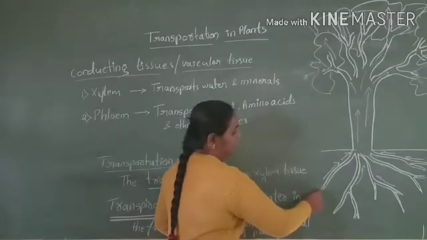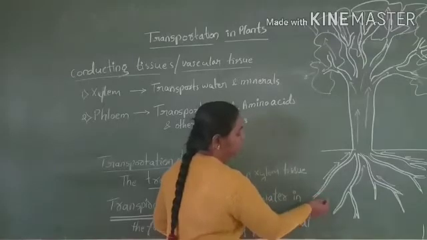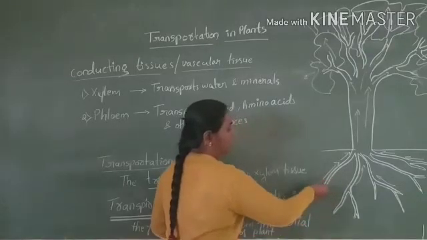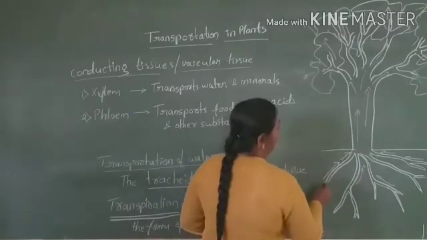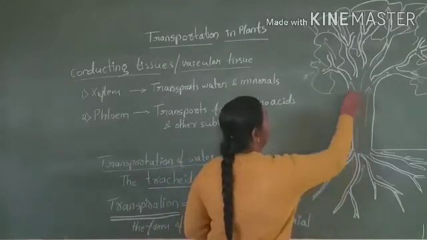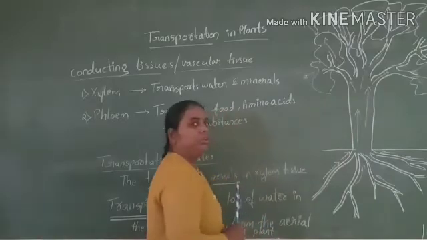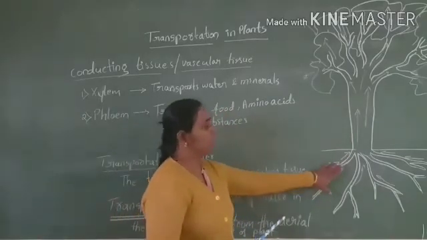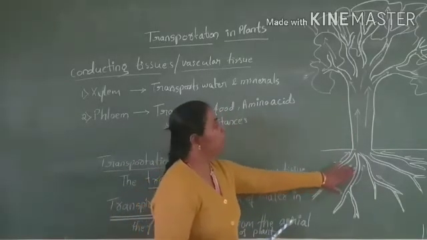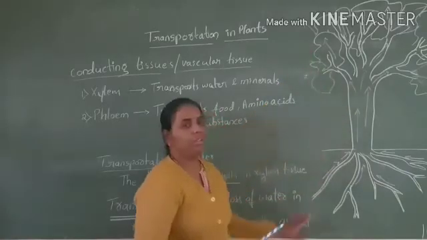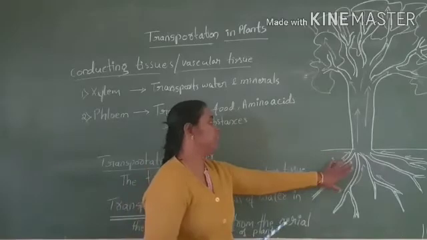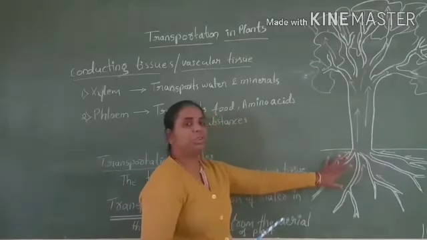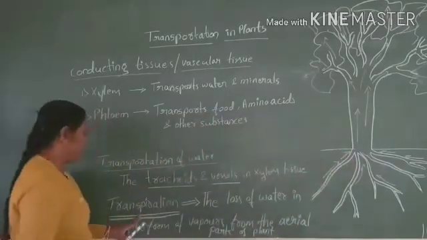Therefore, this difference creates diffusion of water and minerals into the xylem tissue, and this causes a column of water in the plant body. This pressure alone is not enough to push water upward in the plant body. There is another strategy that helps in the transportation of water, which is transpiration.